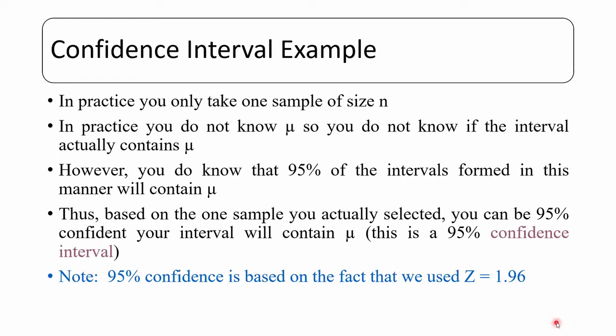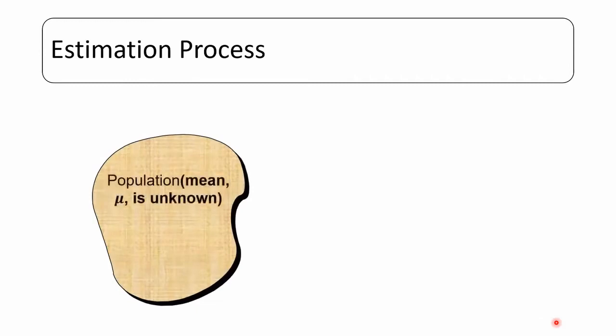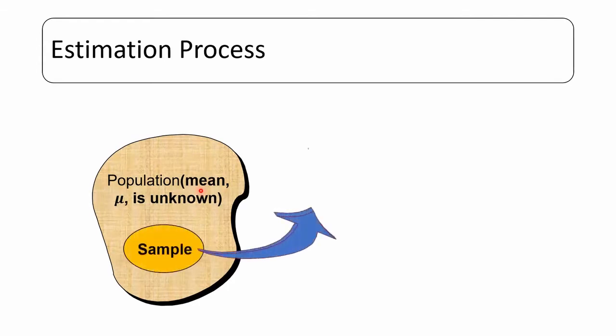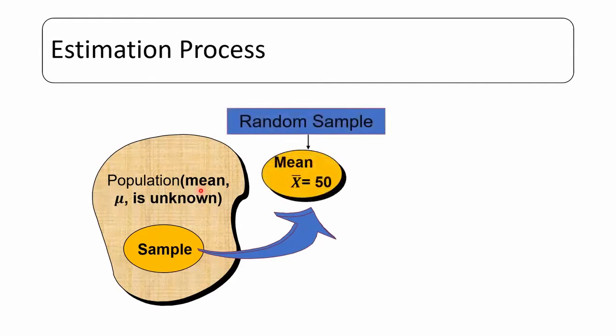Right. So the estimation process, you have your population. So you have your, say, the population mean, which is unknown. You take a sample from this, and then from that sample you consider the random sample mean to be 50. So this 50 is your sample mean, random sample mean.